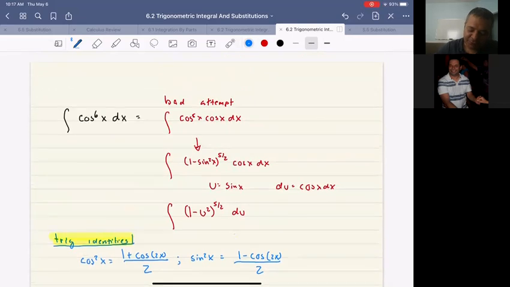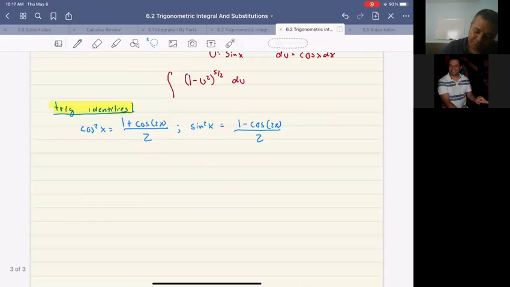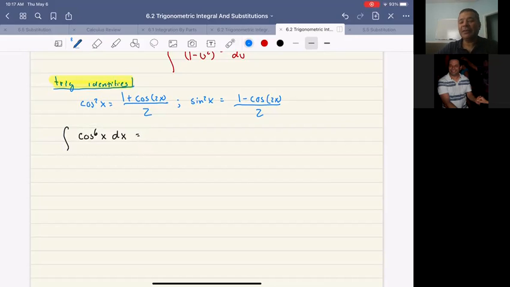All right, so let's revisit this integral now. Cosine to the sixth is cosine squared cubed.